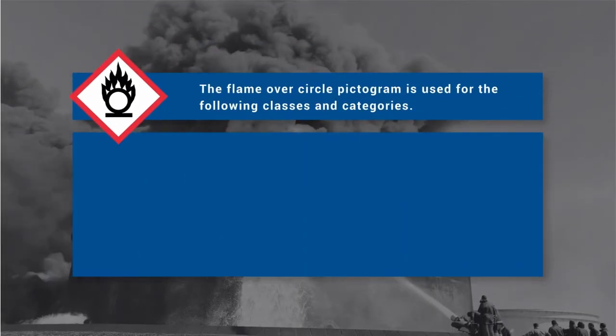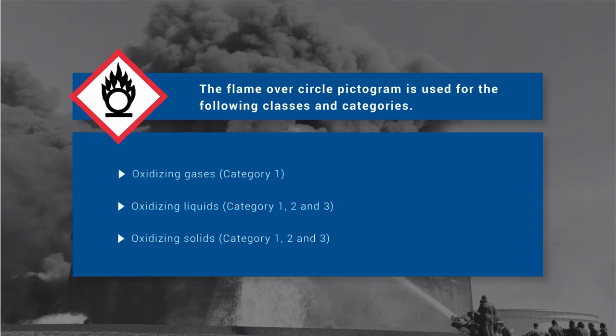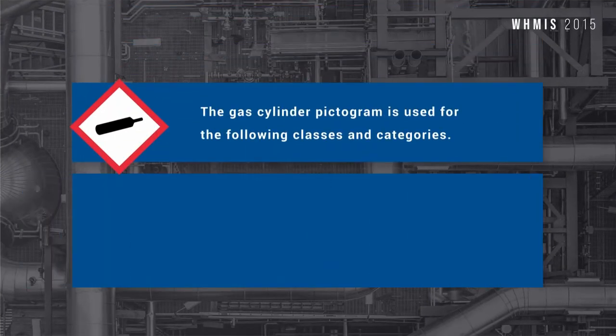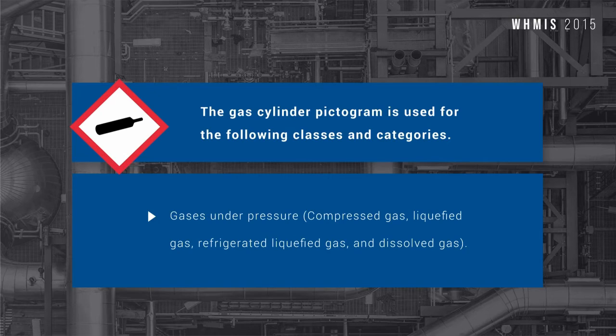The flame over a circle pictogram is used to identify oxidizing gases, liquids, and solids. The gas cylinder pictogram is used for gases under pressure: compressed gas, liquefied gas, refrigerated liquefied gas, and dissolved gas.